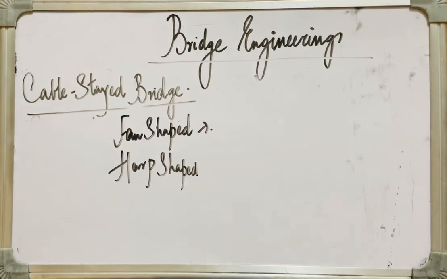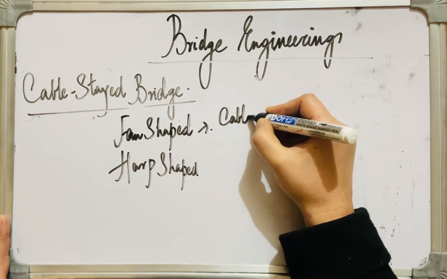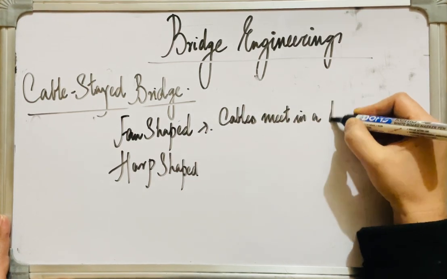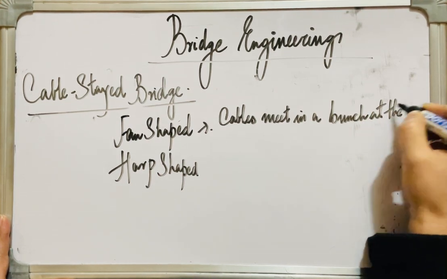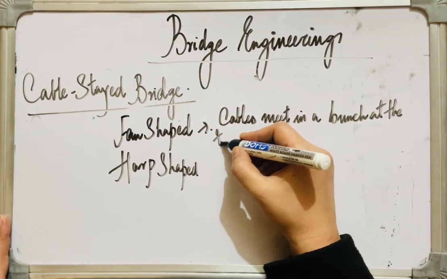This is where the cables, inclined cables or the stay cables, meet in a bunch at the tower. That is a fan-shaped multi-stay cable system.